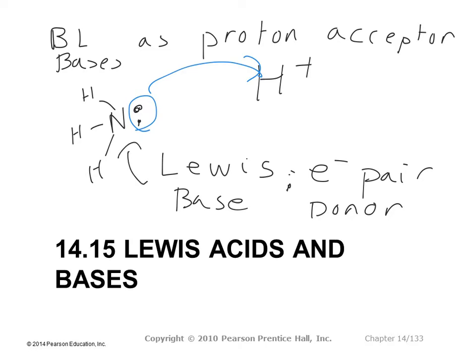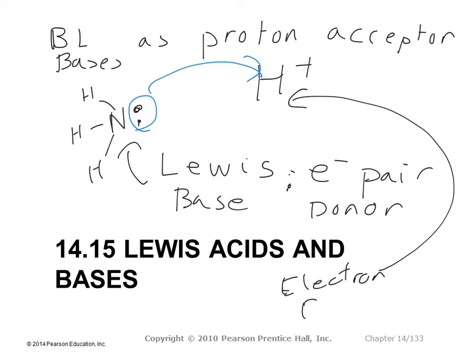It defines an acid not as a proton donor, but as an electron pair acceptor. It really turns that definition of acids and bases kind of on its head, and it broadens it a great deal. Just like Bronsted-Lowry broadened the Arrhenius definitions, Lewis broadens Bronsted-Lowry.